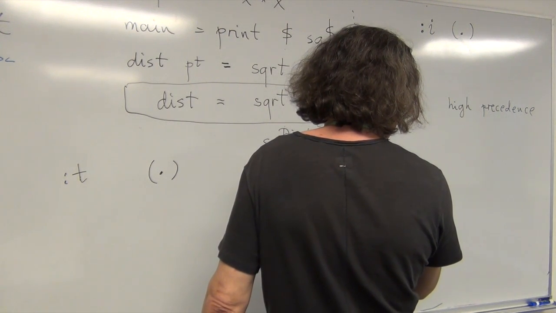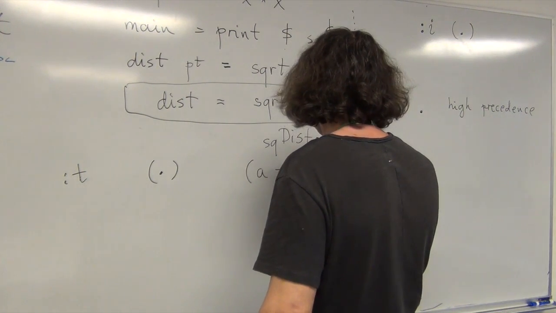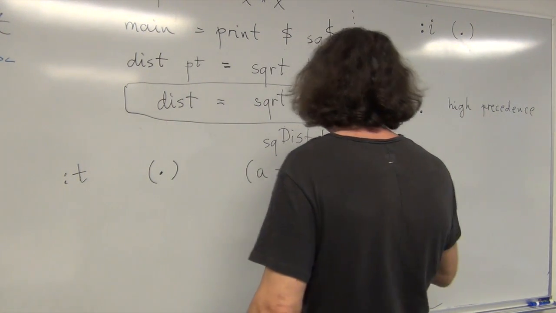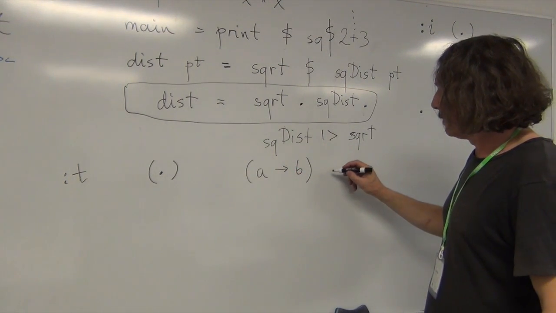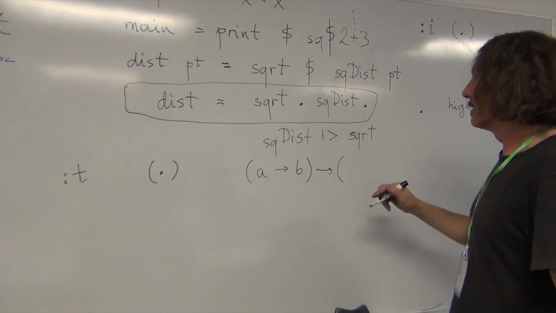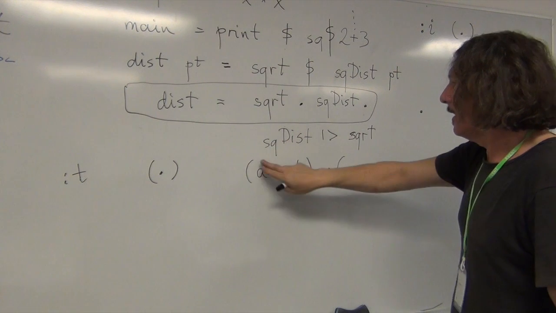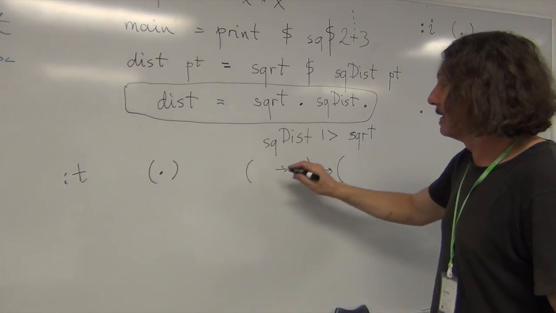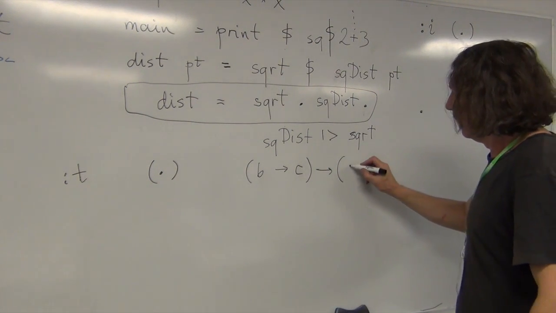Well, I'll write it in a different way. You have a function. The first argument, the one on the left, is from A to B. The second argument is a function from, let's better do this, B to C, so that we go alphabetically.